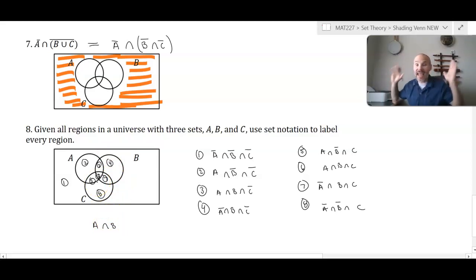If I say, hey, go out and call all art and biology students, you're not going to not call the chemistry students, and you're not going to not call the students that aren't taking chemistry as long as they're taking both art and biology. So that's why we have to specify every single region in terms of all 3 sets, because regions 3 and 6, although we are in both art and biology, it's a different story in terms of whether we are or are not in chemistry. So we can say A intersect B, but that actually encompasses 2 different regions here.